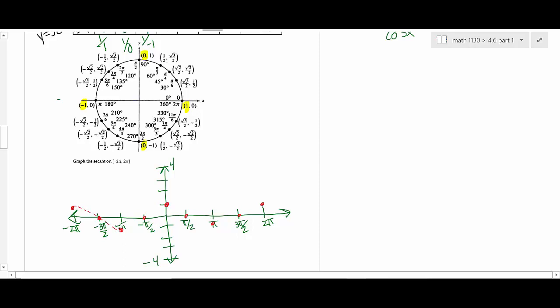That's the graph of the cosine. Then we're going to do this the same way. The graph's going to look almost the same anyway. So everywhere the cosine is 0, these places where I'm highlighting, you want to put a vertical asymptote through those points. So go ahead and put your vertical asymptotes on there.